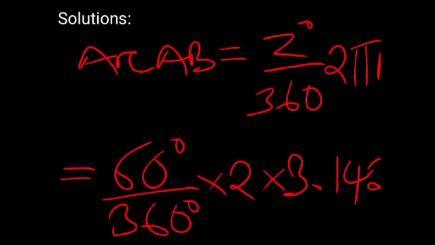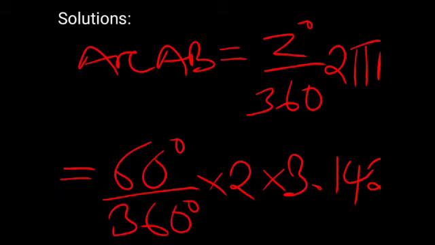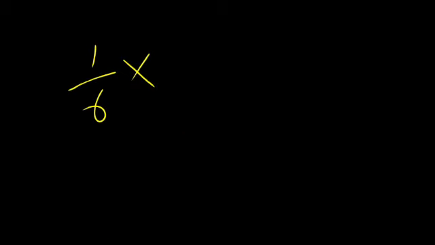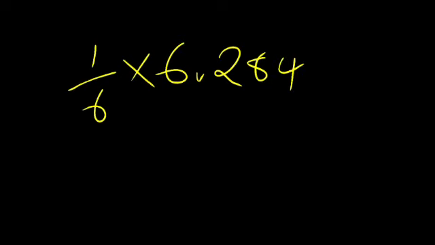Therefore, we are going to have 1/6 times 6.284 times 3,437 nautical miles.